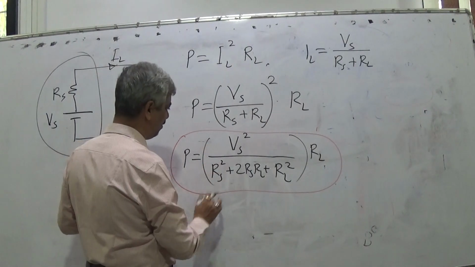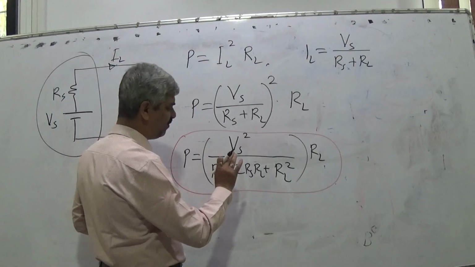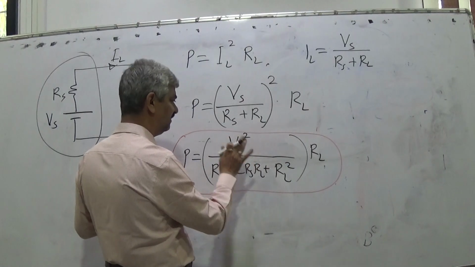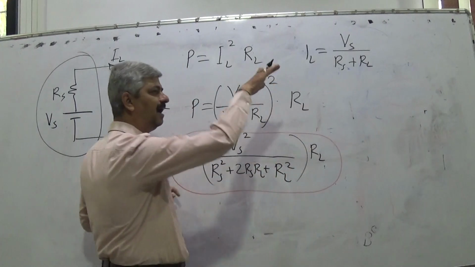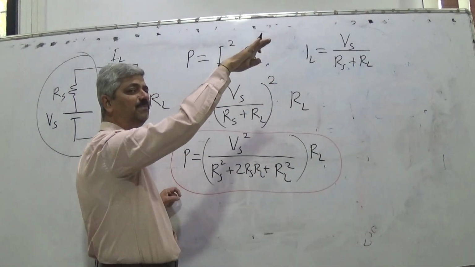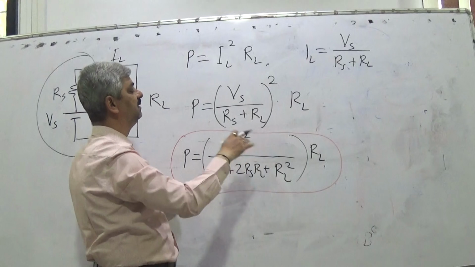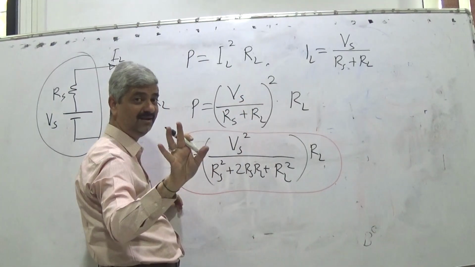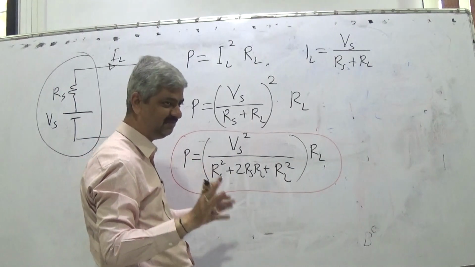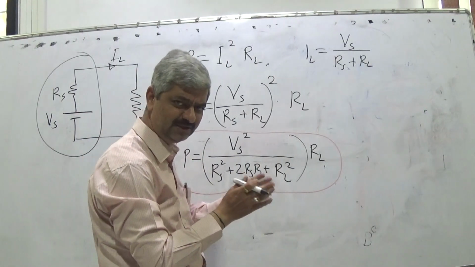I will make a small change. The expression is the same. This RL which is in the numerator, I will take it into the denominator, dividing both numerator and denominator by RL, as in high school algebra. I think I am spending some time, but still it is in the second year, so it is worth it.